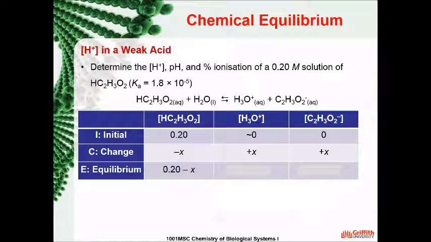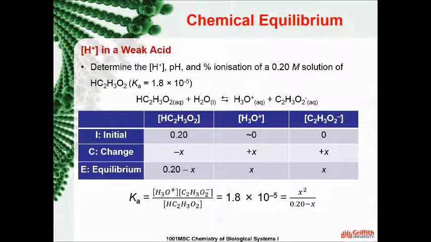At equilibrium, the concentration of the acid that will be left over is 0.2 minus X, and the concentration of the products will be X. We can write the equilibrium constant expression as Ka equals the concentrations of H3O plus times C2H3O2- over HC2H3O2. The Ka value of acetic acid is 1.8 times 10 to the negative 5.